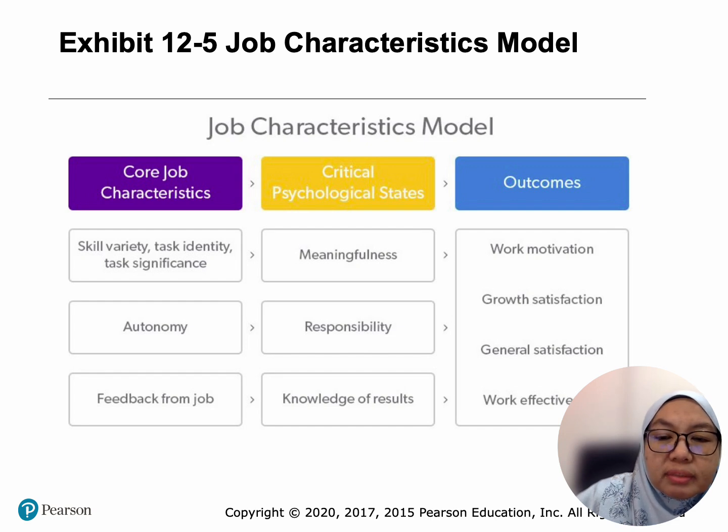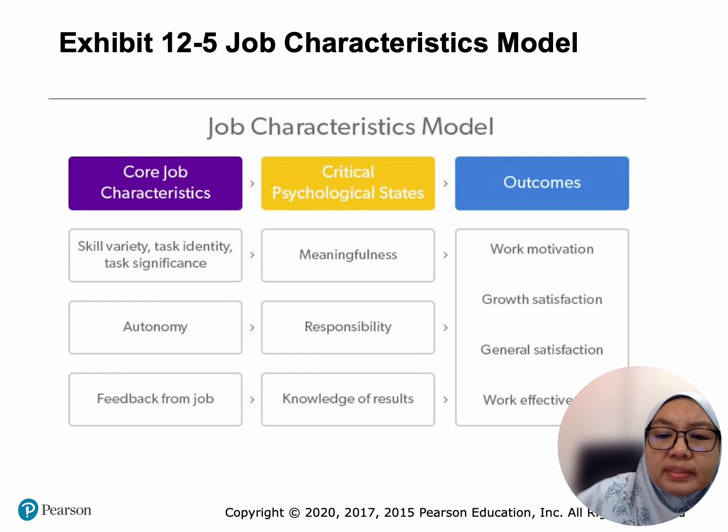So notice in Exhibit 12.5 how the first three dimensions, skill variety, task identity, and task significance, combine to create meaningful work, which means if these three characteristics exist in a job, we can predict that the person will view his or her job as being important, valuable, and worthwhile.